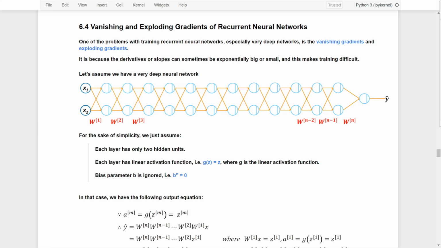One of the problems with training recurrent neural networks, especially very deep neural networks, is the vanishing gradients and exploding gradients problems. It's mainly because the slopes can sometimes be very big or very small, and this makes the training pretty difficult. Let's assume that we have a very deep neural network as shown here.